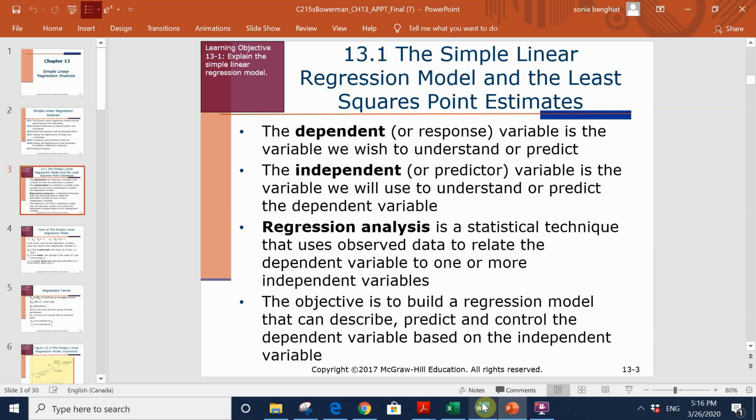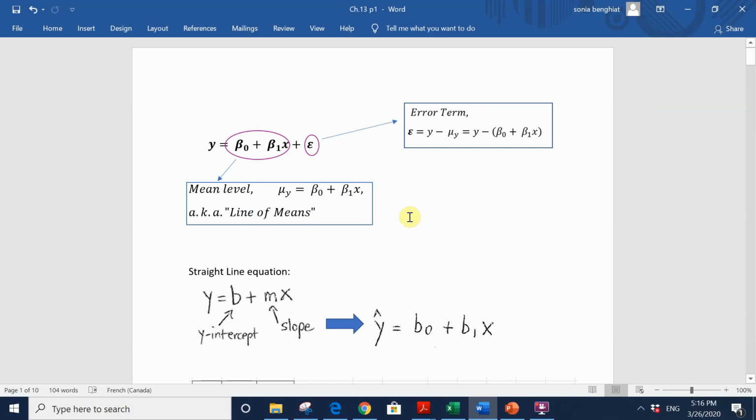So let me go here and show you the form of the simple linear regression model. This is what it looks like right here. So you've got your y is equal to beta naught plus beta 1 times x plus your epsilon. Epsilon here being, well, I'm going to get to that in a little bit. It's your error term. So you can think of the simple linear regression model as being made up of two components over here.